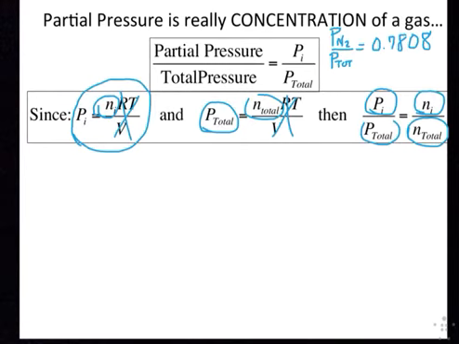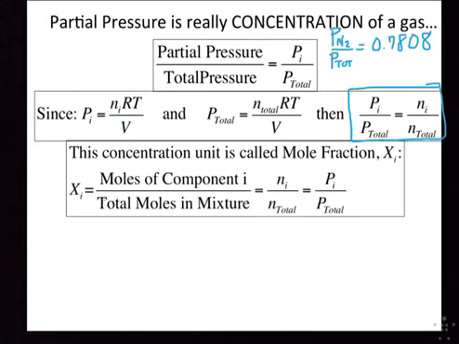Okay, so that's why we call it a concentration. And we actually have a name for that unit of concentration. We call that unit the mole fraction. So it's just the moles of component i over the total moles in the mixture, which we've said is equal to the partial pressure of substance i over the total pressure.